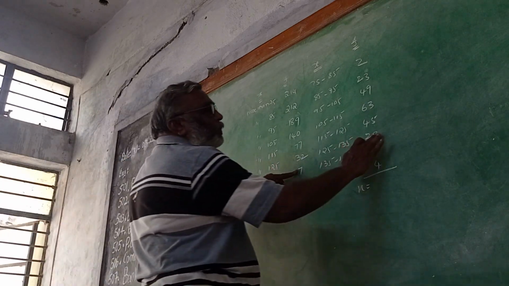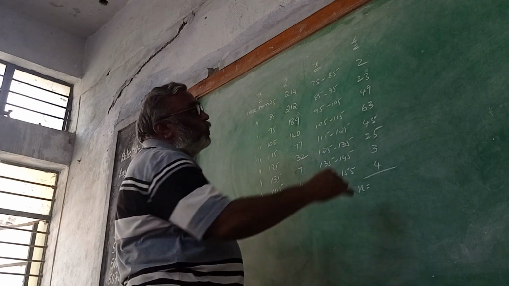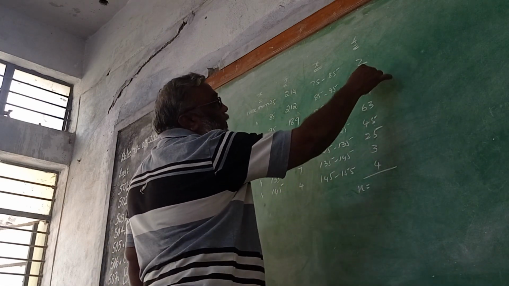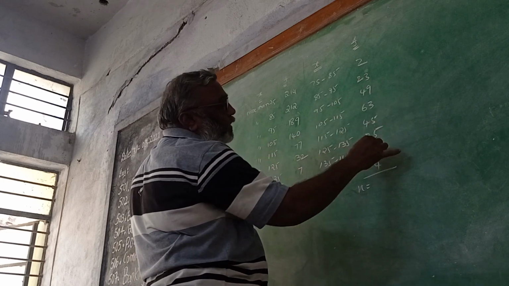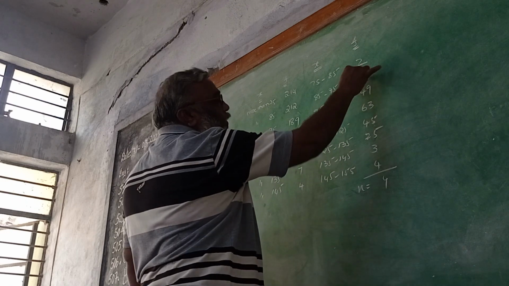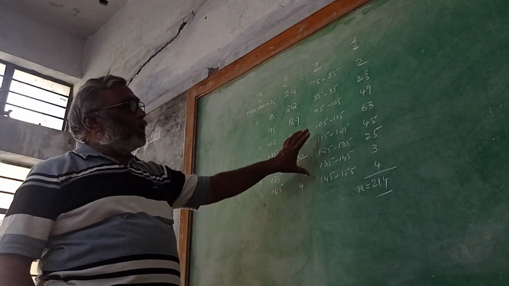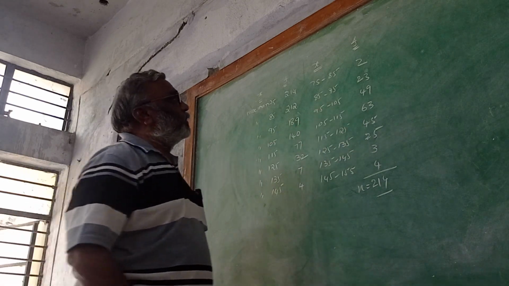This is 25. 3, 4, last one. 5, 14, 17, 27, 30, 34. 5, 9, 15, 19, 21, 240. Yes, sir. This is the class interval and this is the frequency.